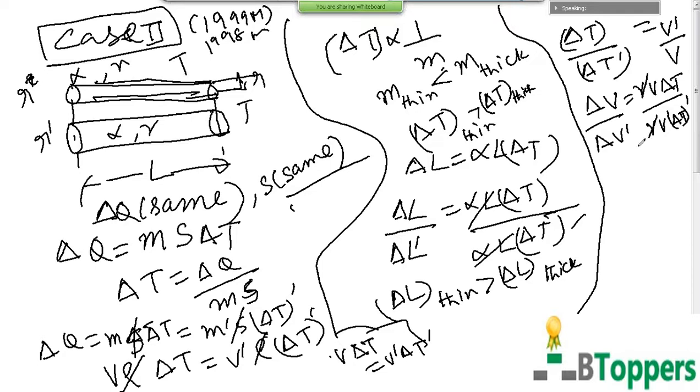Both the rods are made up of the same metal, therefore gamma is the same. So the ratio of the increase in volume of the first rod to the increase in volume of the second rod equals the ratio of the original volumes of the first and second rod, multiplied by the ratio of the increase in temperature of the first rod to the increase in temperature of the second rod, delta T by delta T dash. This you can substitute with V dash by V.